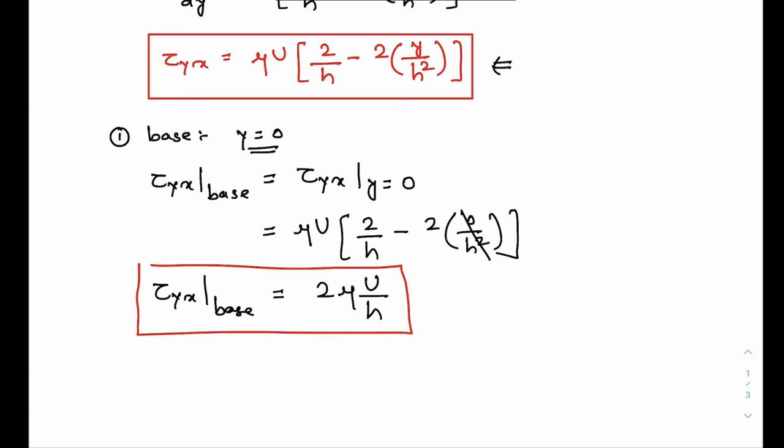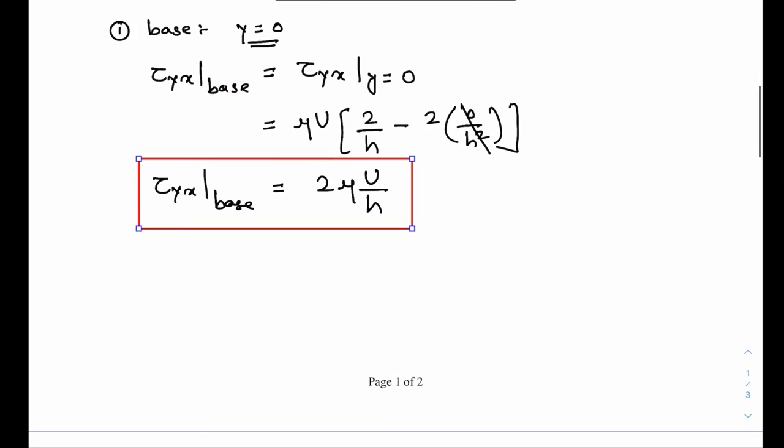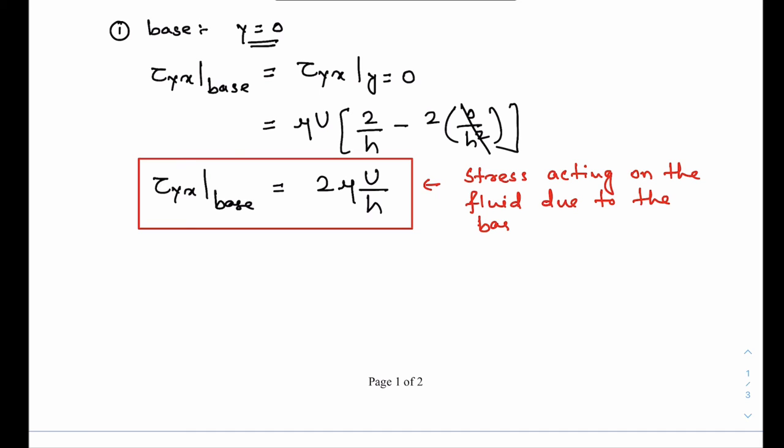So this is the magnitude of the shear stress acting on the base, and this is the stress acting on the fluid due to the base.